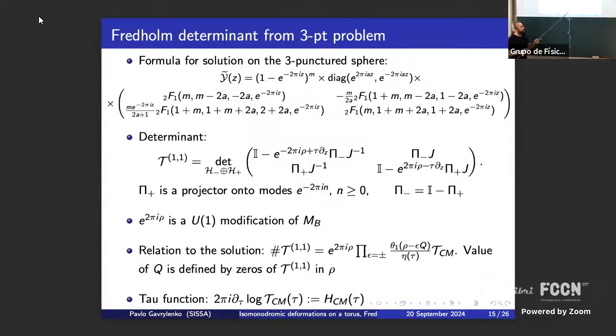So it's the only place where this rho enters, and the result of this formula is that if you want to find coordinates of a particle, we need to compute the Fredholm determinant and find its zeros in rho.